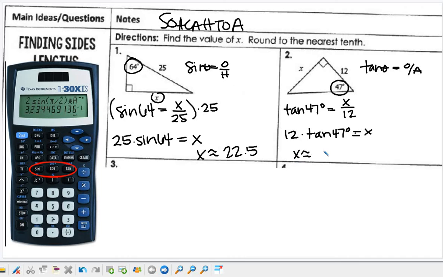So x is going to be approximately equal to, so we're going to do that same keystroke, or similar, I guess not exactly the same because this is tangent. You do 12 times tangent 47, close your parentheses and hit enter, and you should get, let me double check, approximately 12.9.